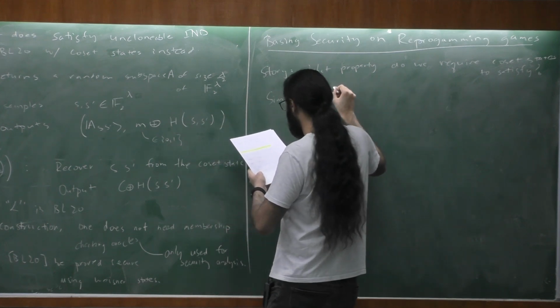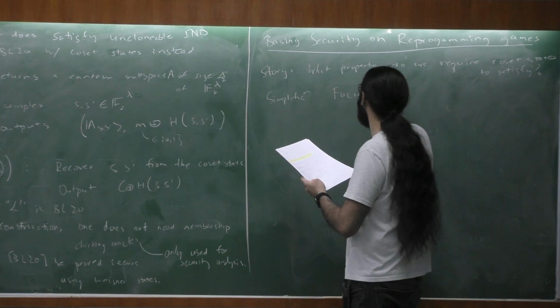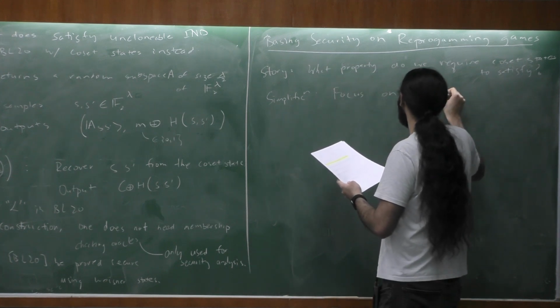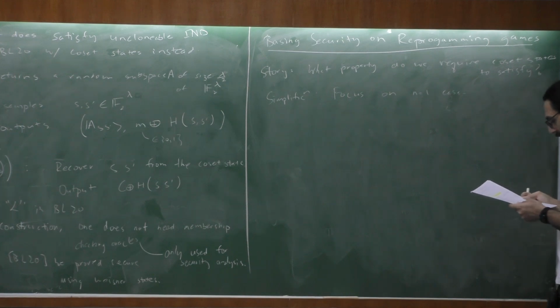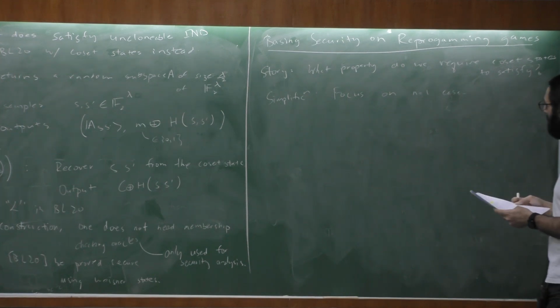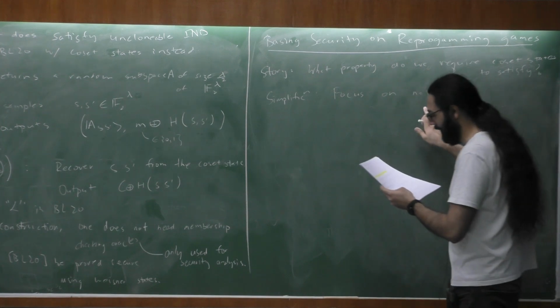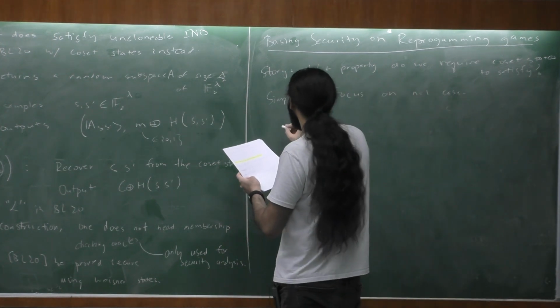Focus on the n equals 1 case. And I guess they're using n and lambda interchangeably as the security parameter, or is it the length of the message? I forget. I suspect it's the length of the message because they're still using lambda.